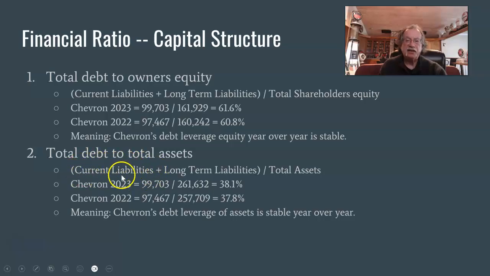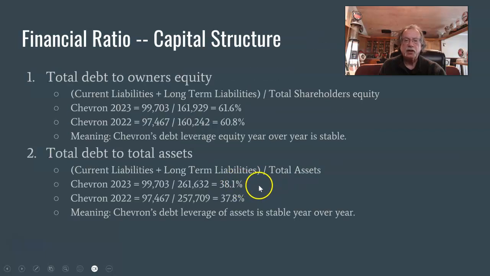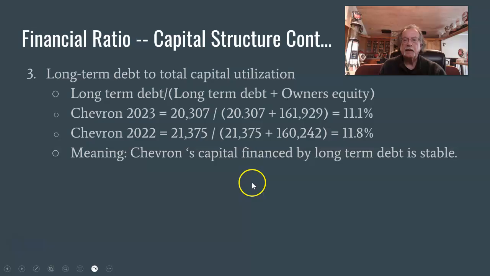This is the accounting method for doing it. I would say in industry, I saw long-term liabilities over total assets used a whole lot more often. Debt to total capitalization, this is where they take out the short-term debt, the current liabilities.